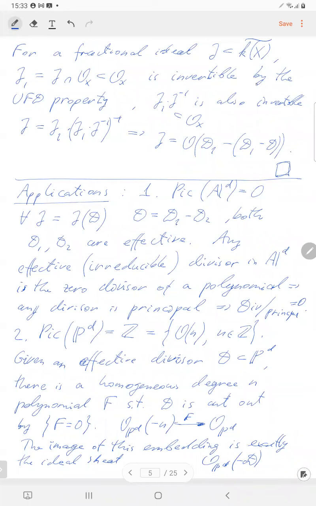We want to get the local regular functions locally divisible by F. That's what you just tautologically get.